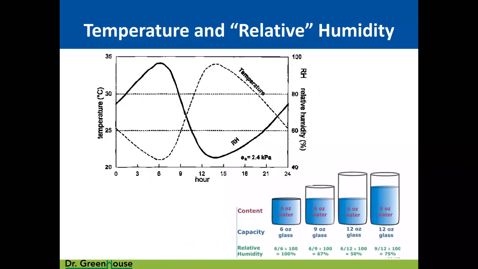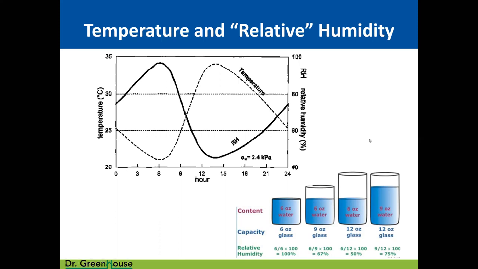The reason we call it relative humidity is because it all depends on what the temperature is. We can have the same exact absolute humidity, the same exact quantity of water vapor in the air at two different temperatures, and our relative humidity sensor will read two different relative humidity percentages.